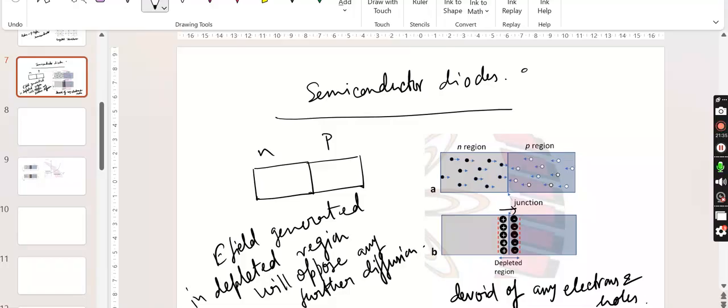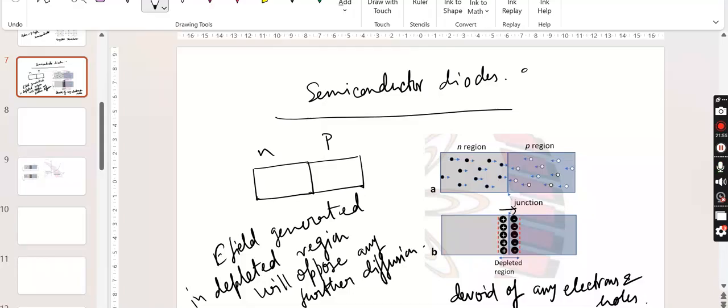When the opposing field is strong enough to stop any more diffusion, the result is a thin region in the vicinity of the junction that is devoid of any carriers, and this is the depletion region.